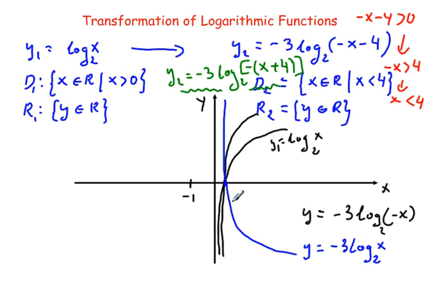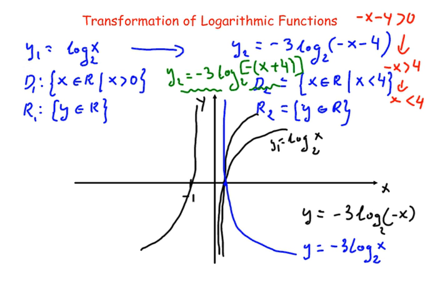Now the blue curve will be reflected in the y-axis. You will see the mirror image. It looks more or less like that. The y-axis is now a line of symmetry between the blue and the black.